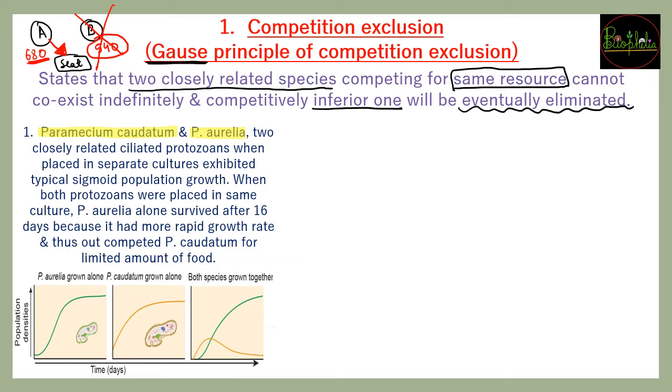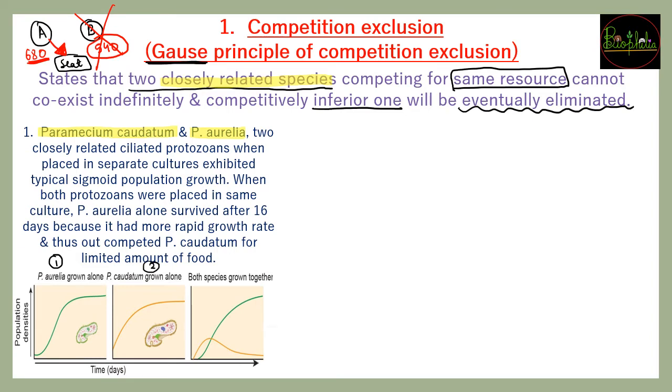So these are closely related species, and if they are kept alone, एक एक को petri dish में रखा है and both are grown individually. So you can see over here how the graphs are going to be different. First species अकेले को grow किया, they are growing very well. Second species को अकेले grow किया, they are growing very well.